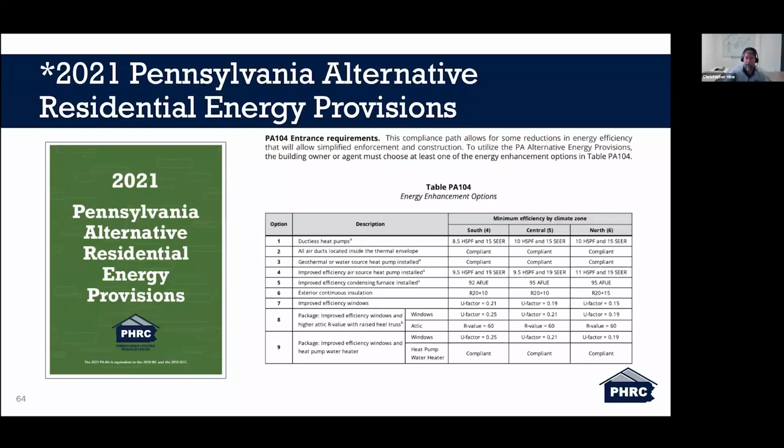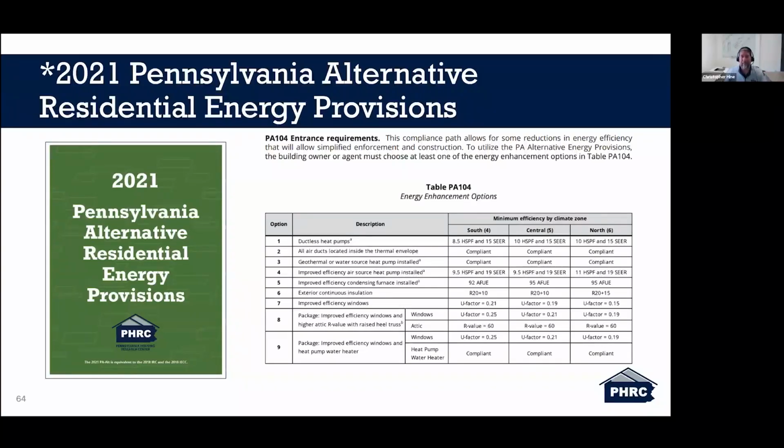This is the entrance requirement. To enter the Pennsylvania alternative, it's a trade-off program where you have to meet one of these entrance requirements. So you have to choose one of these, and once you meet that, you get all of the trade-offs on the back side of this.